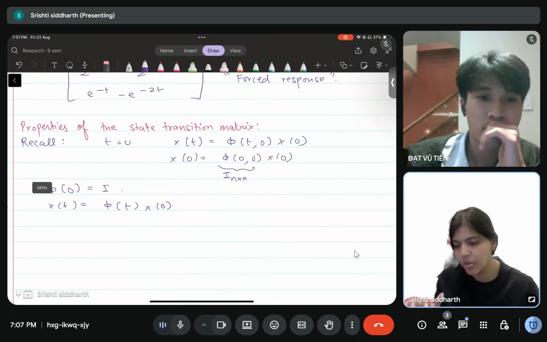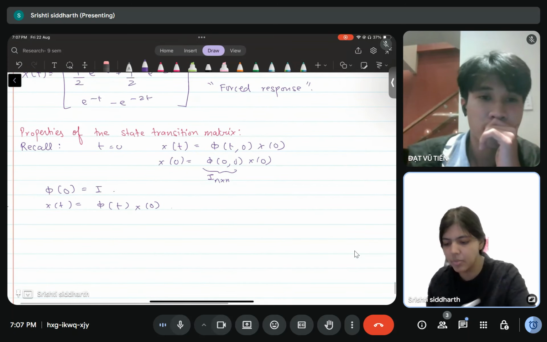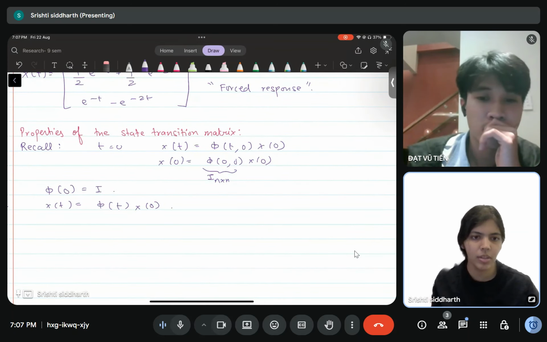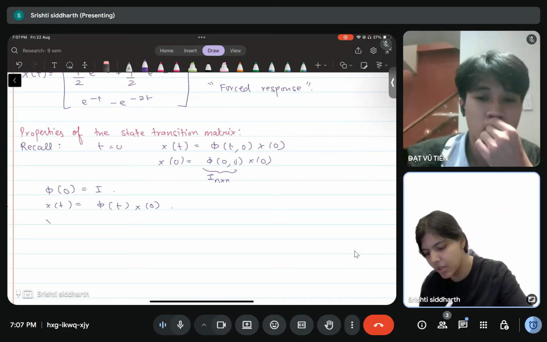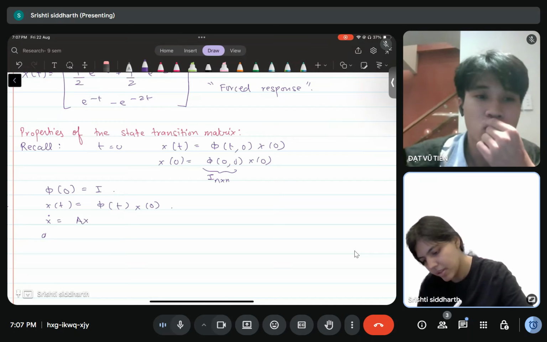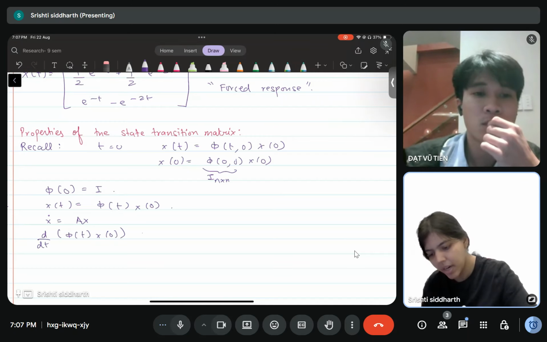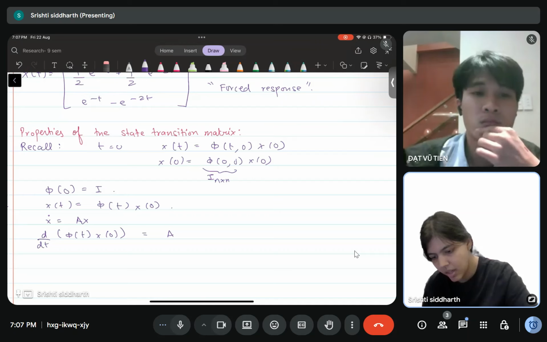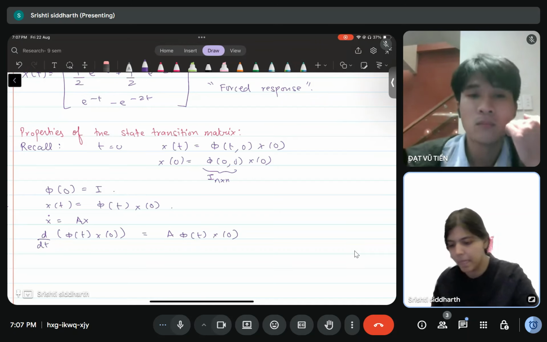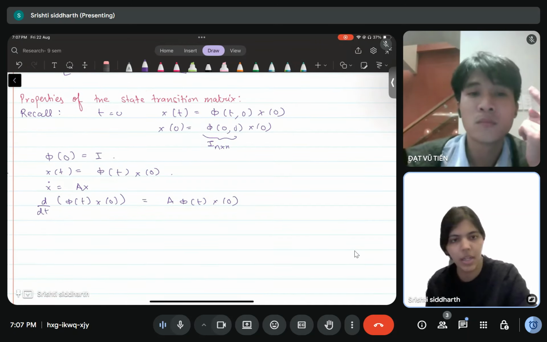So if this is the solution to the state space system, then if we substitute this, we should be able to satisfy the differential equation, right? The differential equation is x dot equals Ax. This is d by dt of phi(t) x0, and on the other side, this is A phi(t) x(0). So x(0) is independent of time.